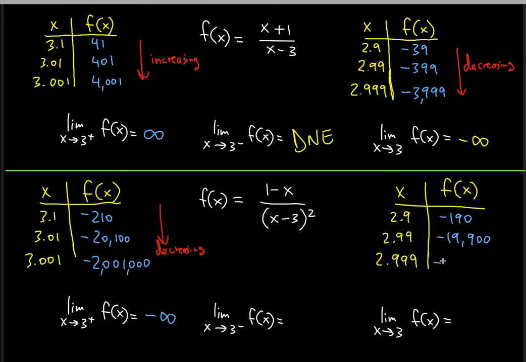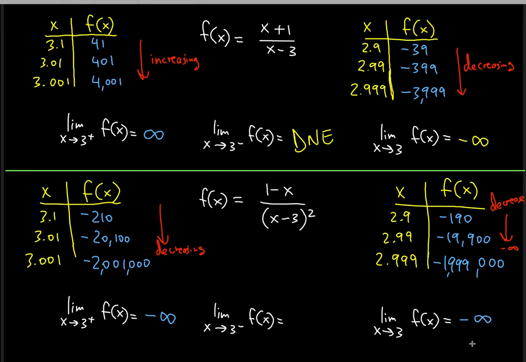Okay, so this is what I'm getting: negative 1,999,000. And like I said, yes, we do add one more 9 and then one more 0 after. But in this case, you can see again that it decreases to negative infinity. So we can safely say that it's also negative infinity.